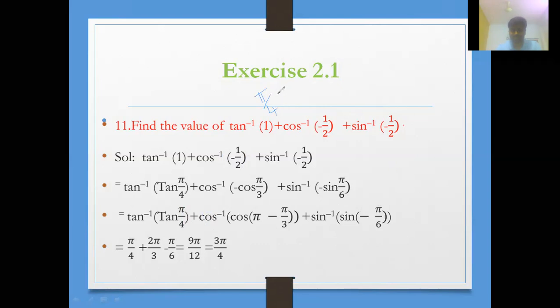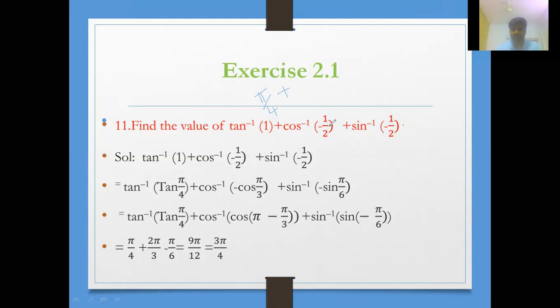Correct. Next, tell me what is cos inverse of minus 1 by 2? Cos inverse of 1 by 2, okay, but cos inverse of minus 1 by 2. First of all, you tell me the cos inverse range is 0 to pi, closed interval, right? So how can I write it here?